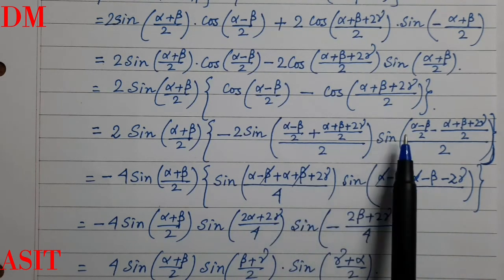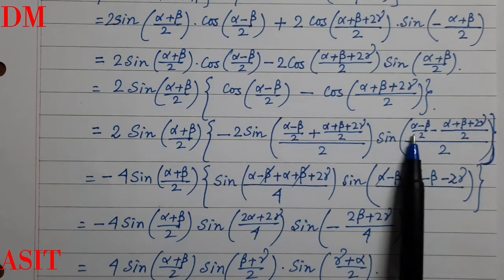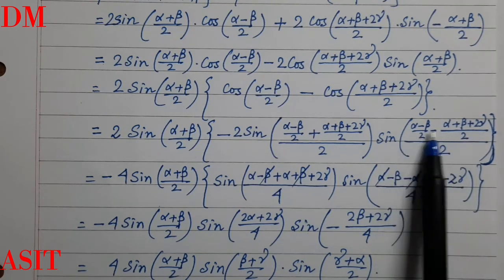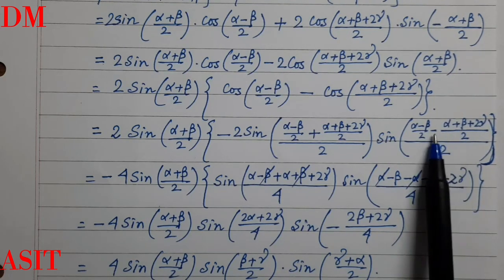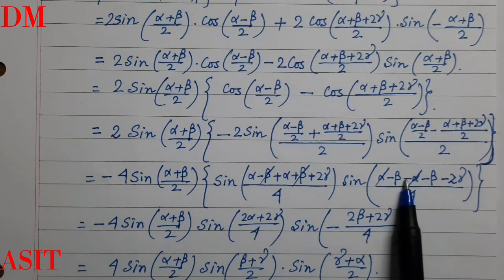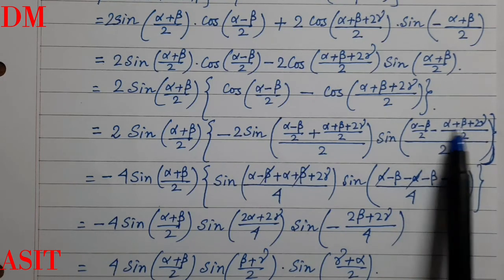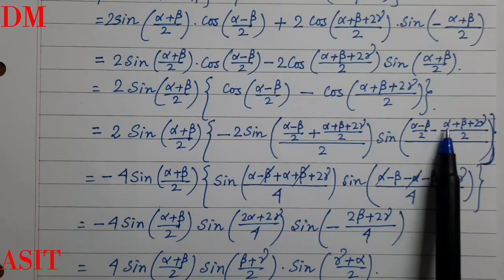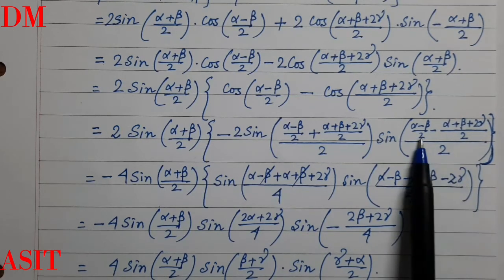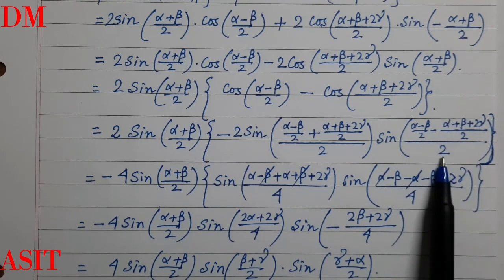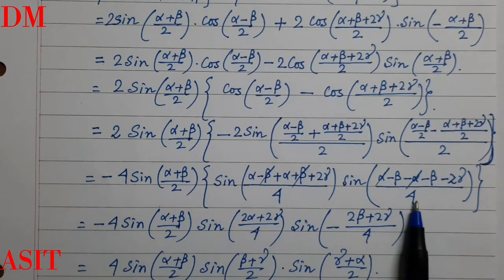Now let us see this calculation. So there is a difference. Therefore alpha minus beta minus of (alpha minus beta minus 2 gamma). So minus will multiply with all these terms: minus alpha minus beta minus 2 gamma by, so the LCM is 2, and these 2 will make it 4.